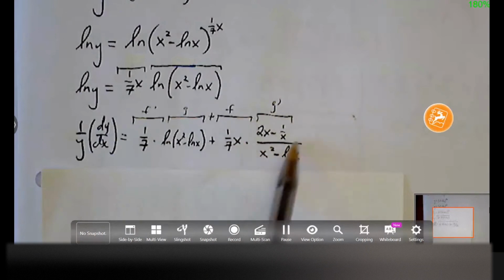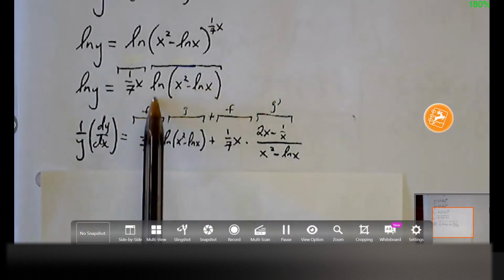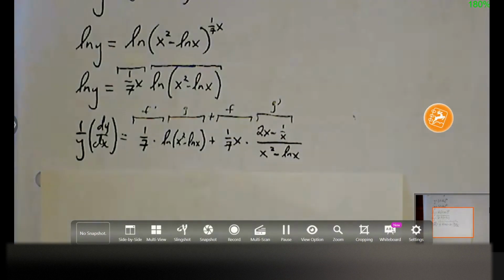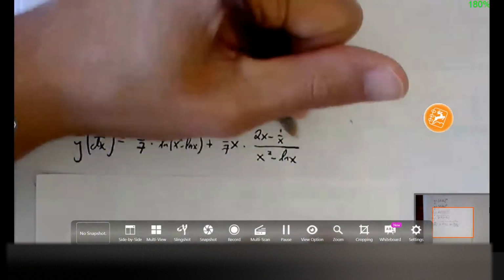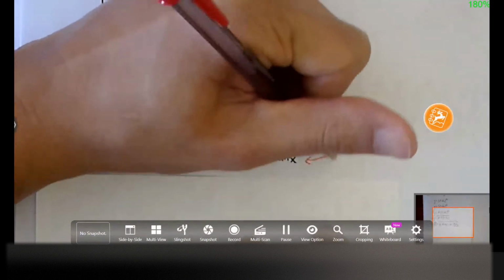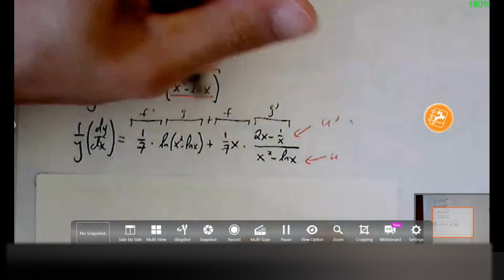That's my u prime, all over my u value. Where did you get the denominator from? Because it came from the rule for natural log of u, right? What's natural log of u's derivative? U prime over u. There we go. Because this is my u value, right?